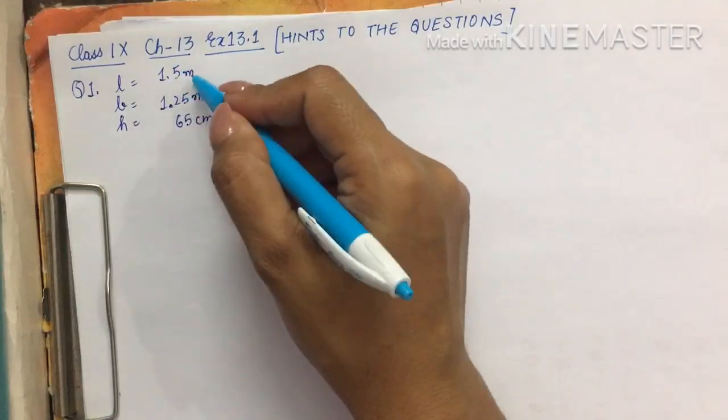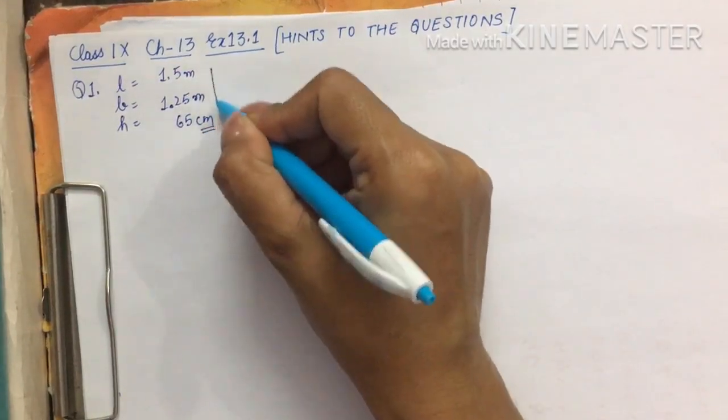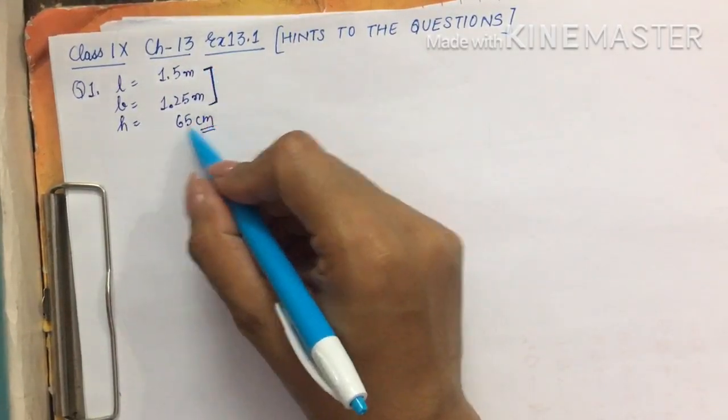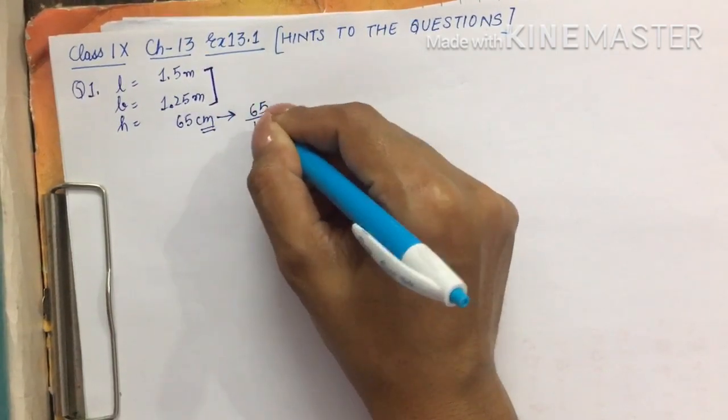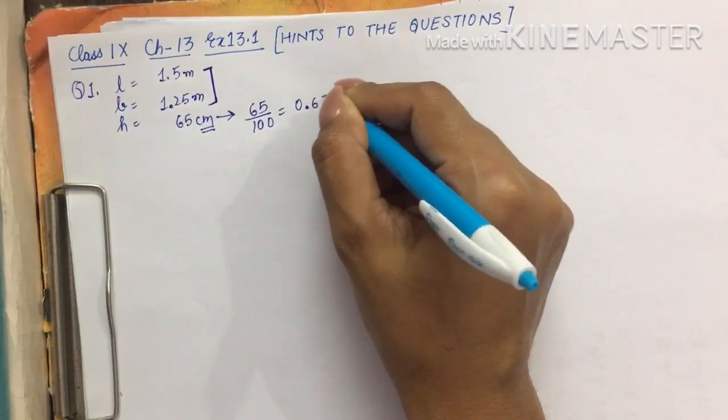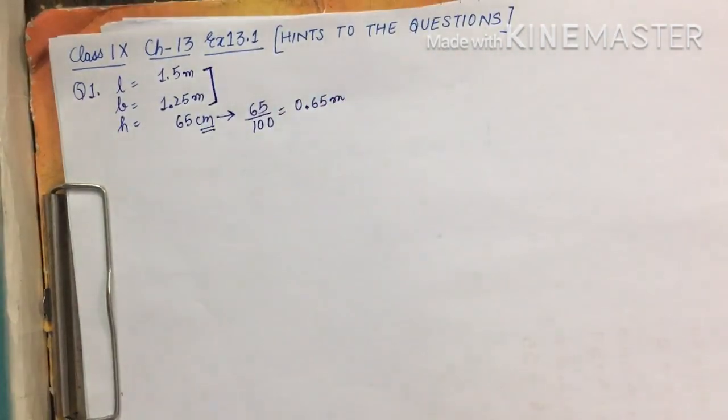Before we proceed, we first notice that the units are different. These two are in meters and the height is in centimeters. So we will convert. This can be converted into meters by dividing it by 100. 1 centimeter equals 1 by 100th meter.